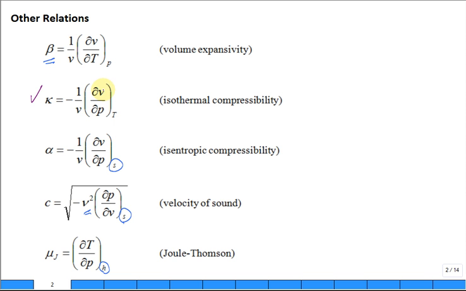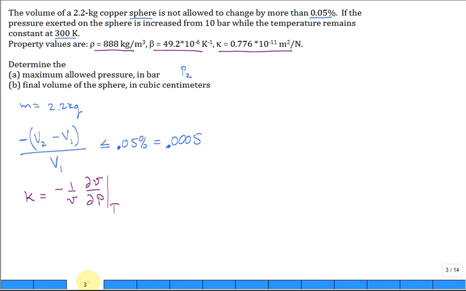Let's just jump back and take a look at kappa, isothermal compressibility: how the volume changes with respect to pressure holding temperature constant. Now, can we turn this specific volume into a total volume? A rate of change of total volume with respect to pressure holding temperature constant. For a fixed amount of mass, we can.